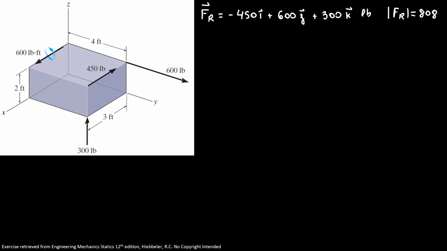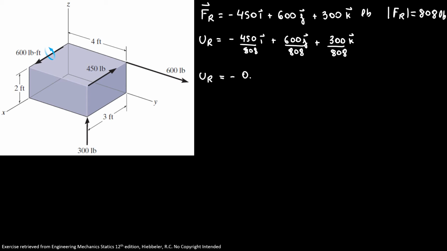So what we can do is find our unit vector, that's equal to minus 450 over 808 I plus 600 over 808 j plus 300 over 808 k.